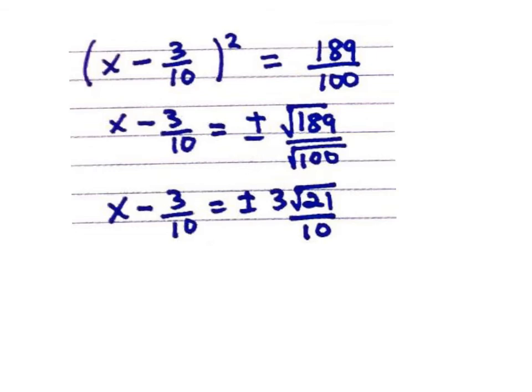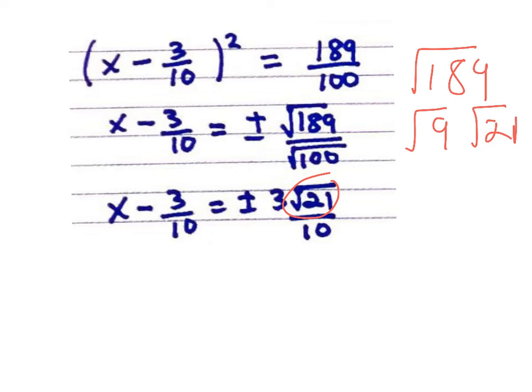I already did it before. So the square root of 189 is actually the square root of 9 times the square root of 21. Here is the square root of 9, here is the square root of 21. The square root of 9 is 3, so we get 3 root 21.